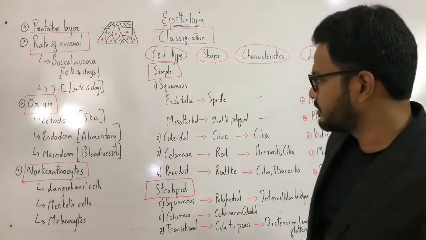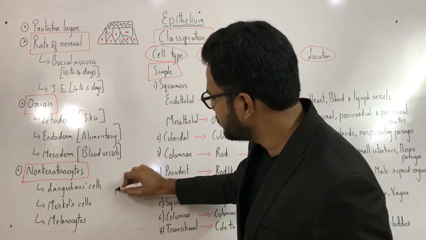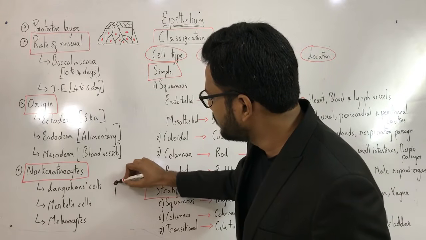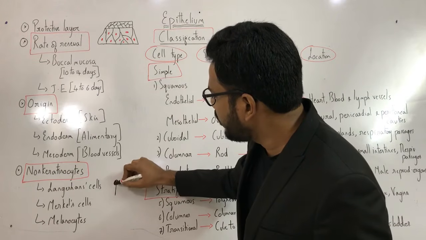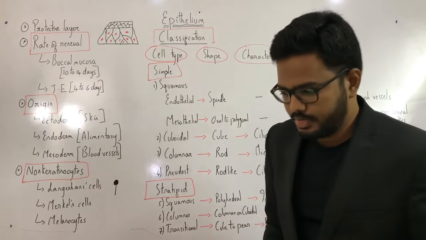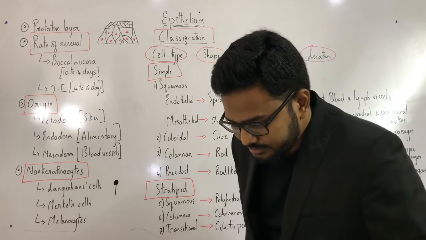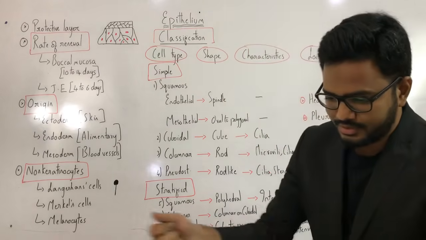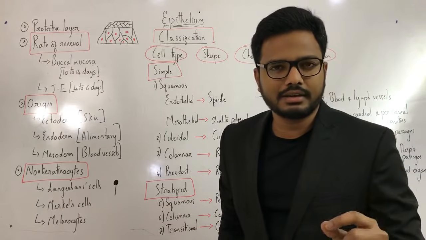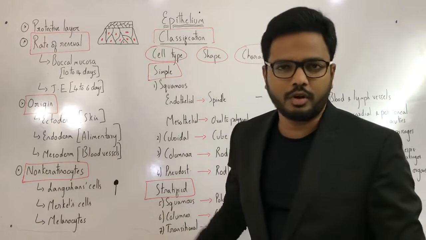Tennis racket. Something like this. You have a handle, and then you have an elongated structure similar to your racket, tennis racket. So tennis racket shaped organelle are characteristically found in which of the following cells?